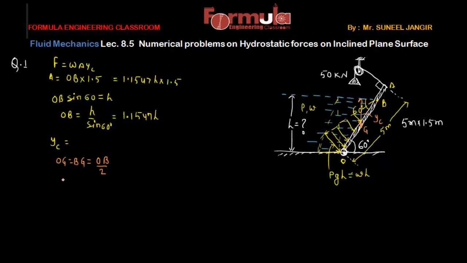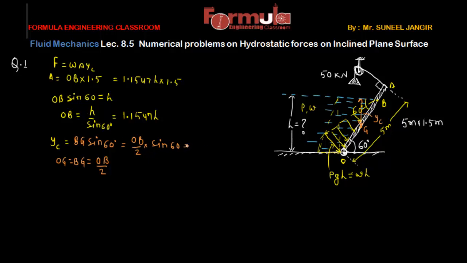So we can write that YC is equal to BG sine 60, and we know BG is OB by 2. So this is OB by 2 into sine 60. In terms of H, OB is equal to H by sine 60.